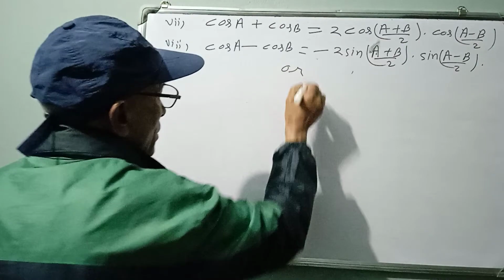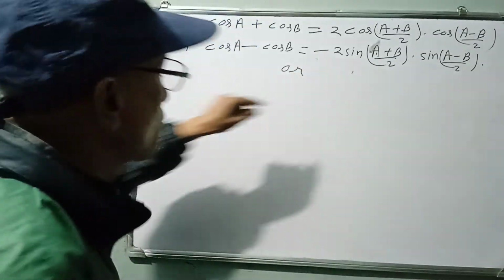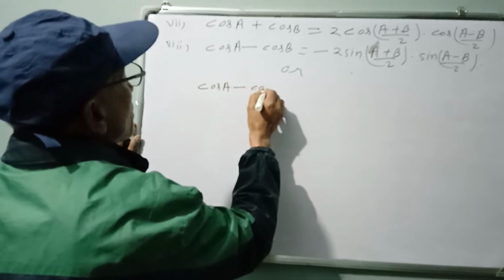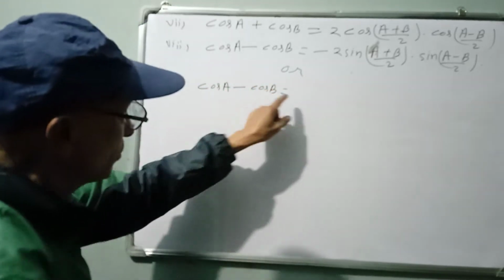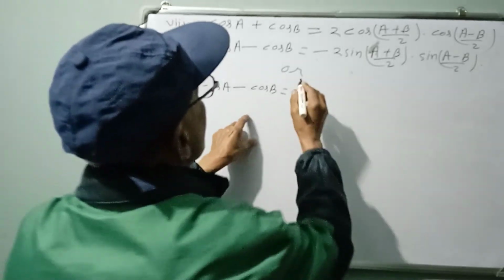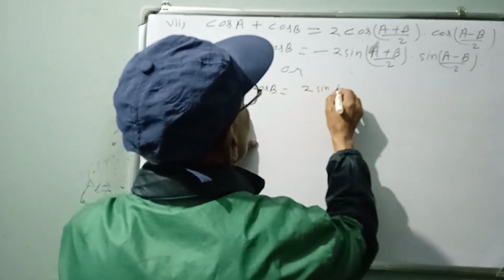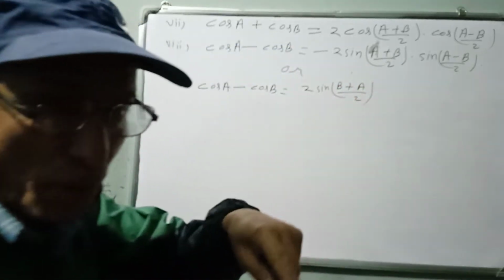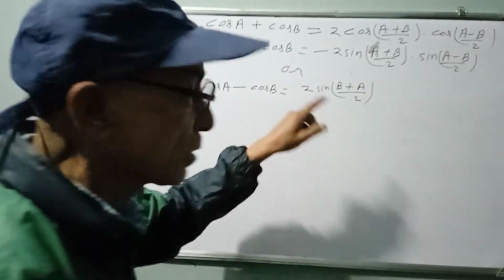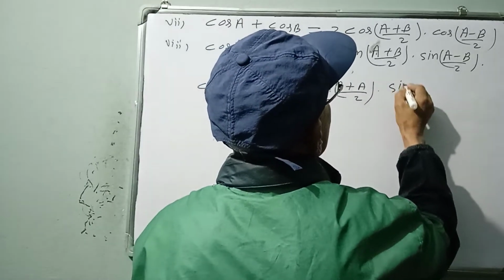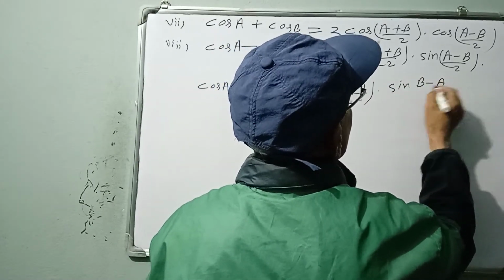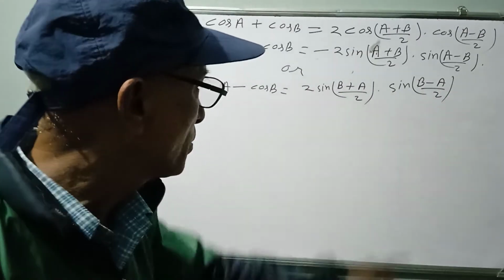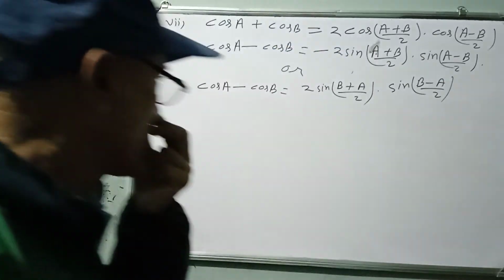Or if the minus is to be removed, you have to write this: cos A minus cos B equals 2 sin B plus A by 2 into sin B minus A by 2. B plus A and A plus B are the same, but for the sake of convenience.